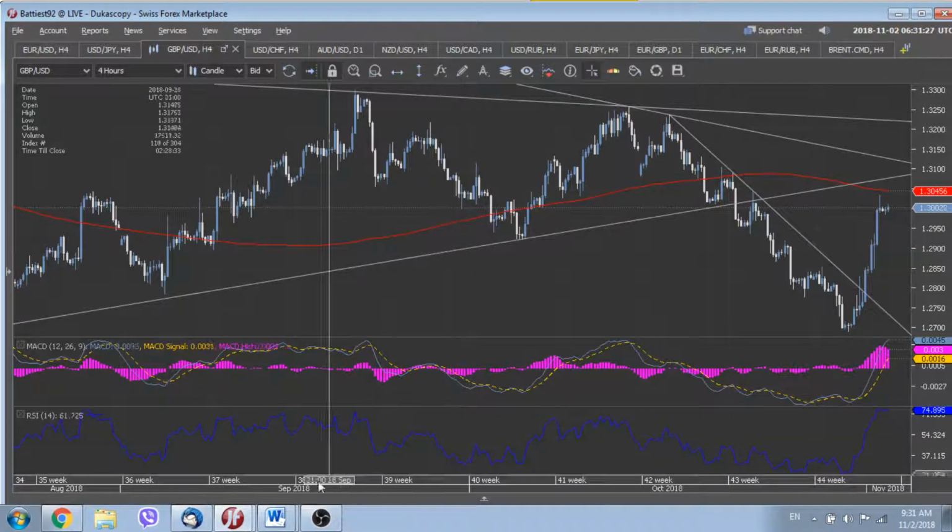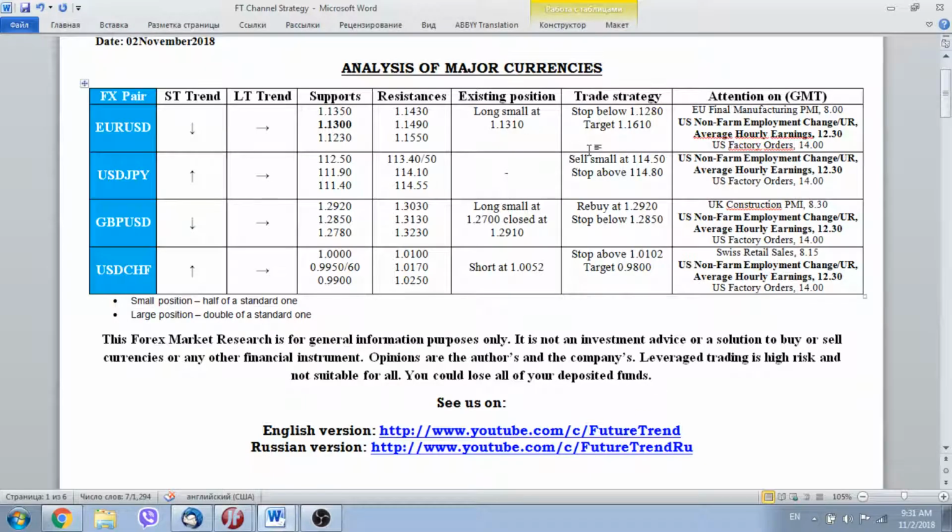At the moment we closed our existing long position in the currency, which we entered at 1.27 during the previous trading session.